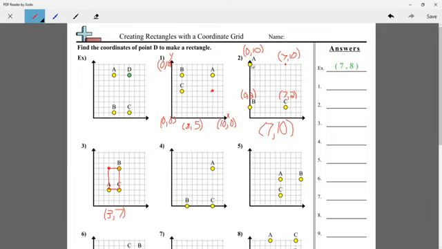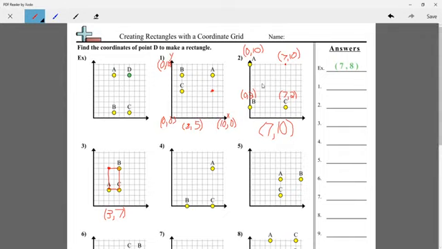And remember, because I've seen some questions where it'll give you some points and be like, which one will make a rectangle, or which one of these will be in a straight line with the other points. And really the best way to do it is to just draw it out, because sometimes it can just be hard to try to visualize it and figure out where it would be.